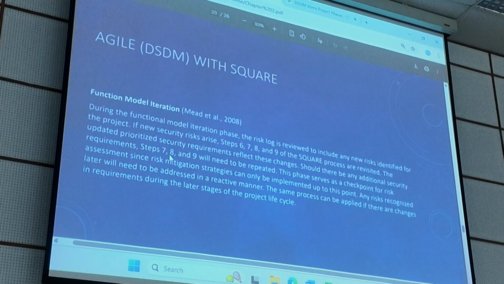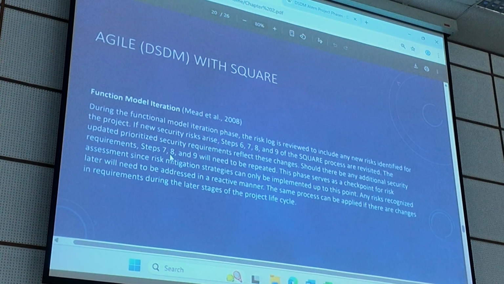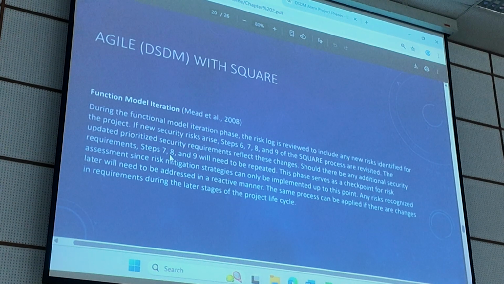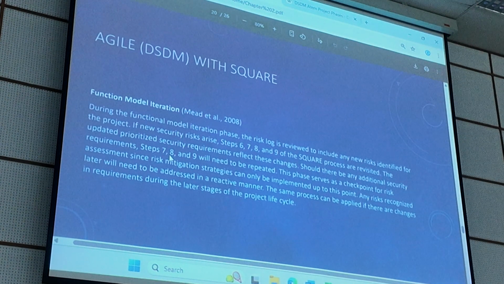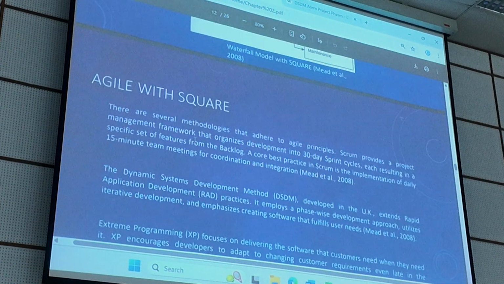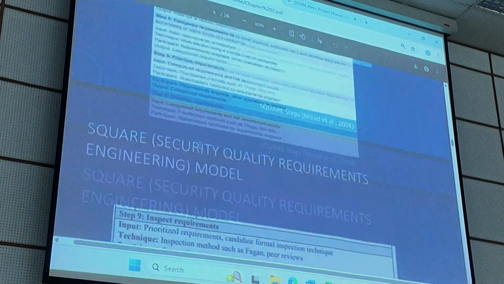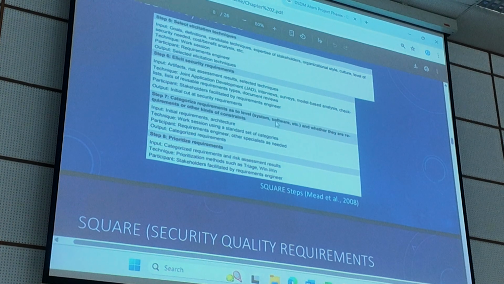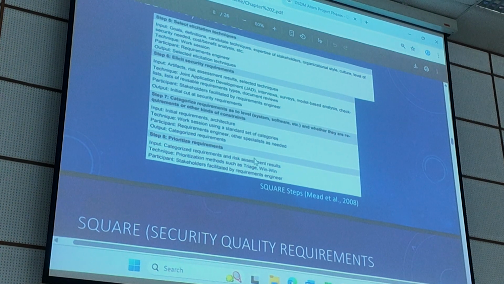When you come to functional model iteration, you may need to repeat 6, 7, and 8. What is 6, 7, and 8? It is elicit requirement, categorize requirement, prioritize requirement.